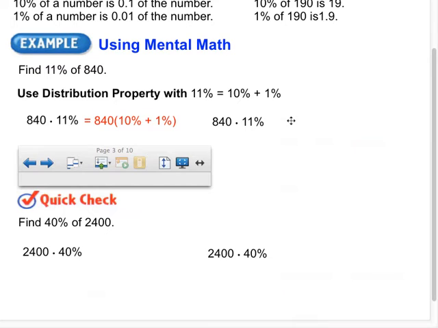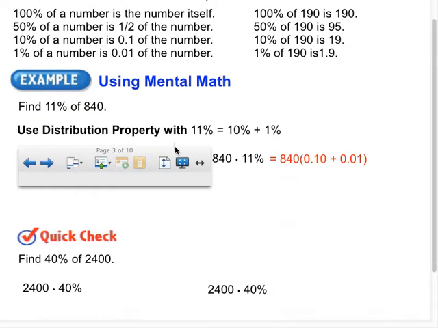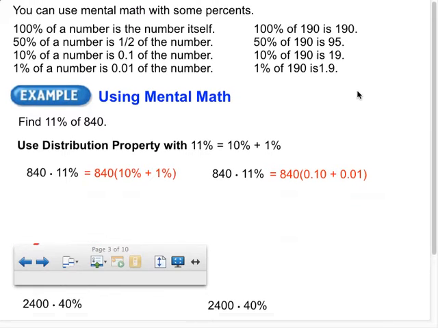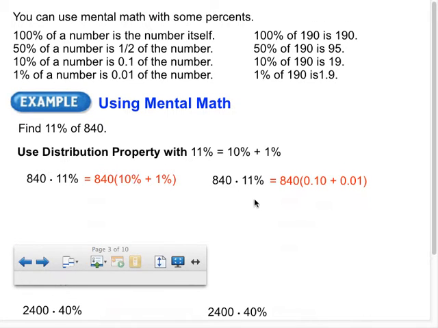If you want to think about it this way, that's fine. And then multiply it out. But that kind of goes in line with what we showed up top about moving the decimal. Okay, so if you showed me this and then worked it out, I'm okay with that. Or if you showed me this and worked it out, I'm okay with that too. Just so you understand mentally what's going on. So what happens to my decimal if I multiply by 10%?